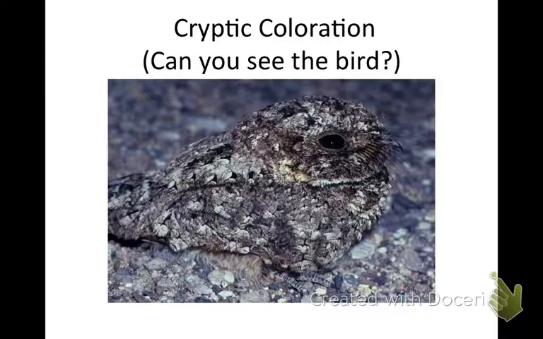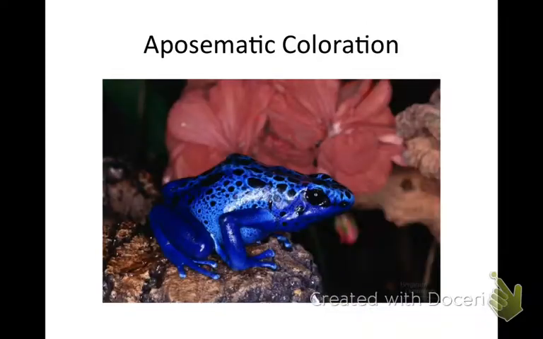Anyway, back to ecology. So, again, cryptic coloration, you're hiding from your predator. Well, maybe you have aposematic coloring. Please highlight that these are warning colorations. So if you ever see bright colors like red or this very pretty blue, this is a dart frog from the Amazon rainforest.